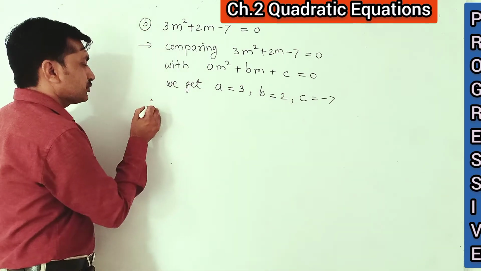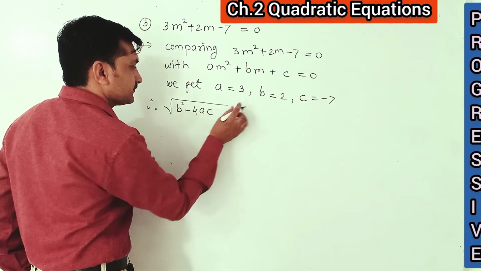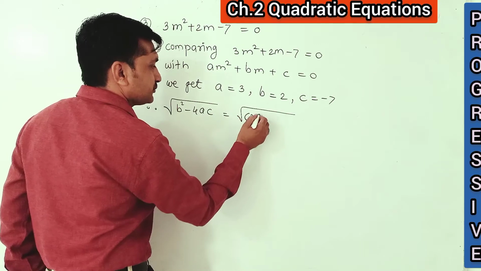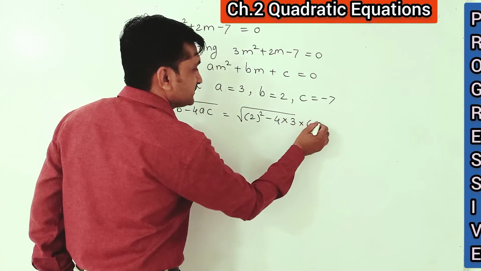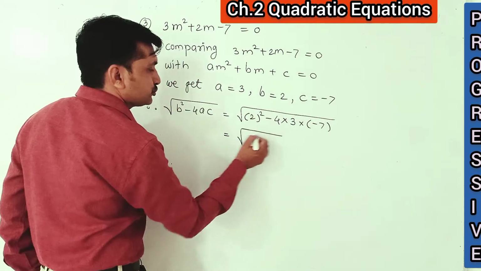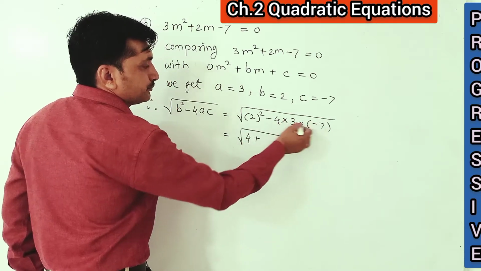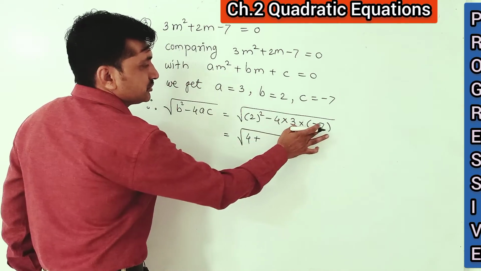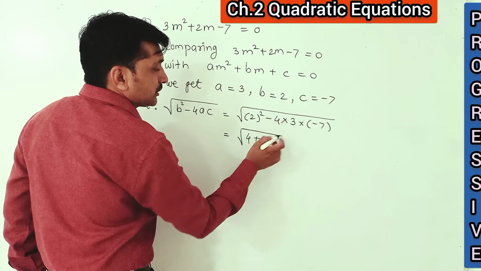Now find out the square root value. Square root of b square minus 4ac is equal to square root of b value 2 bracket square minus 4 multiplied by a, which is 3, and multiplied by c, which is minus 7. Let's find this value. 2 square is 4, minus minus plus, and the product of these three numbers: 7 threes are 21, 21 fours are 84.